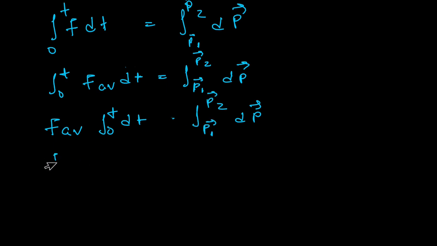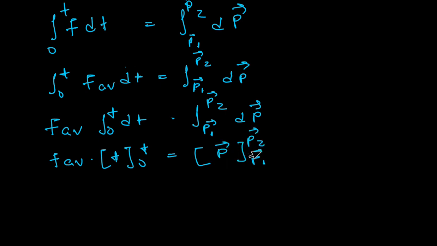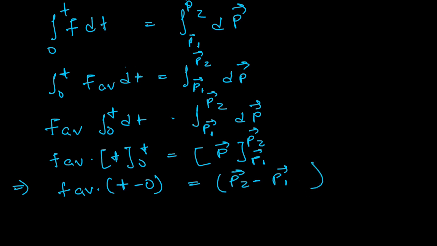This will be force into time 0 to t is equal to momentum p1 to p2. Like that, average force into time is equal to p2 minus p1. Or average force into time is equal to p2 minus p1.